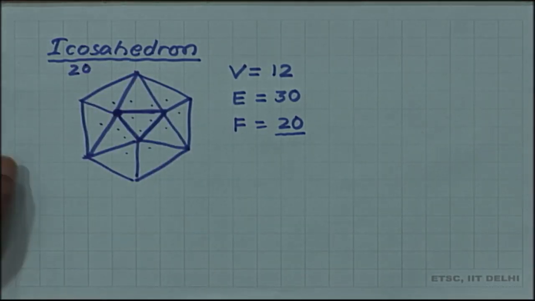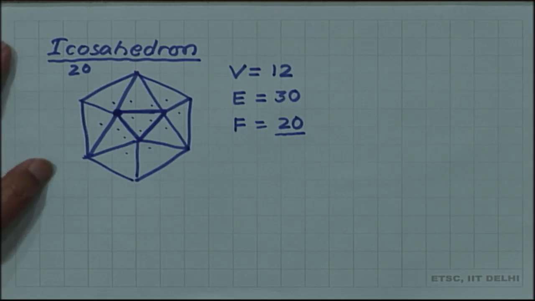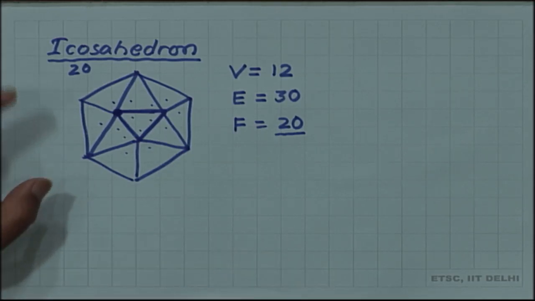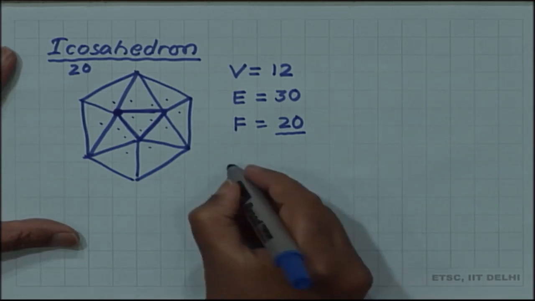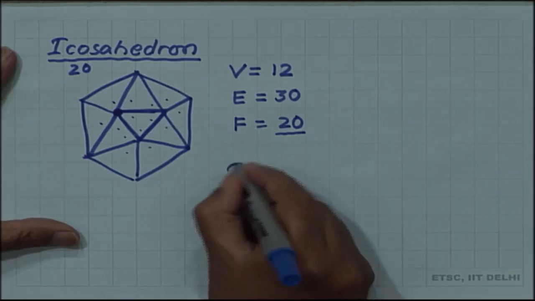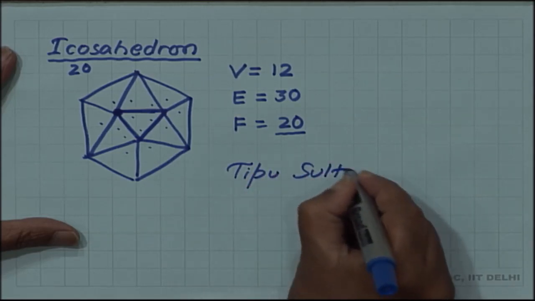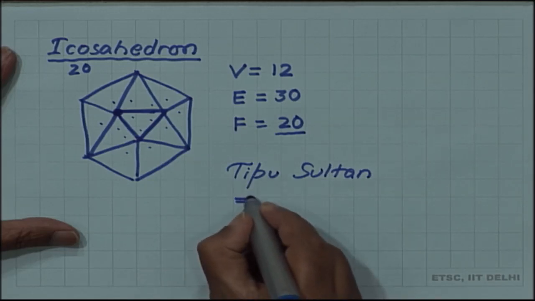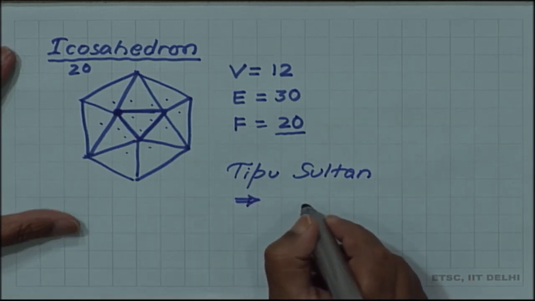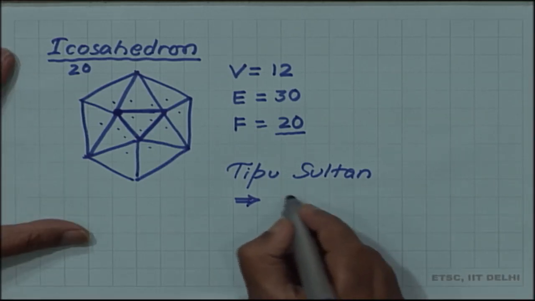So, it is a 20-faced solid, a very interesting solid, and this is known as an icosahedron. In fact, Tipu Sultan had a very beautiful icosahedron, which is now somewhere in the British collection.